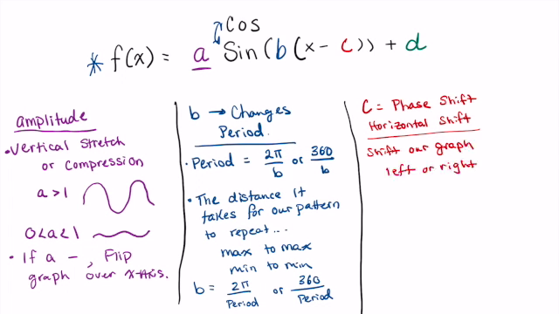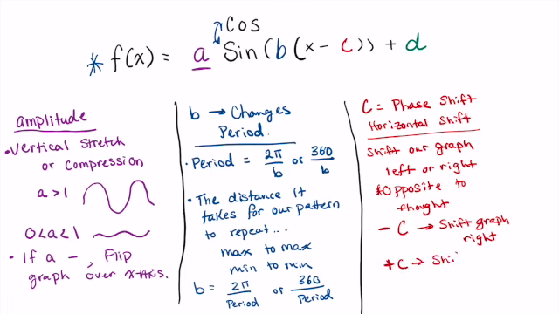However, bear in mind, it is opposite to what you think. If I have a negative C, it's going to shift my graph right. If I have a plus C, we're going to shift left. Okay? So that's phase shift. We shift left or we shift right.